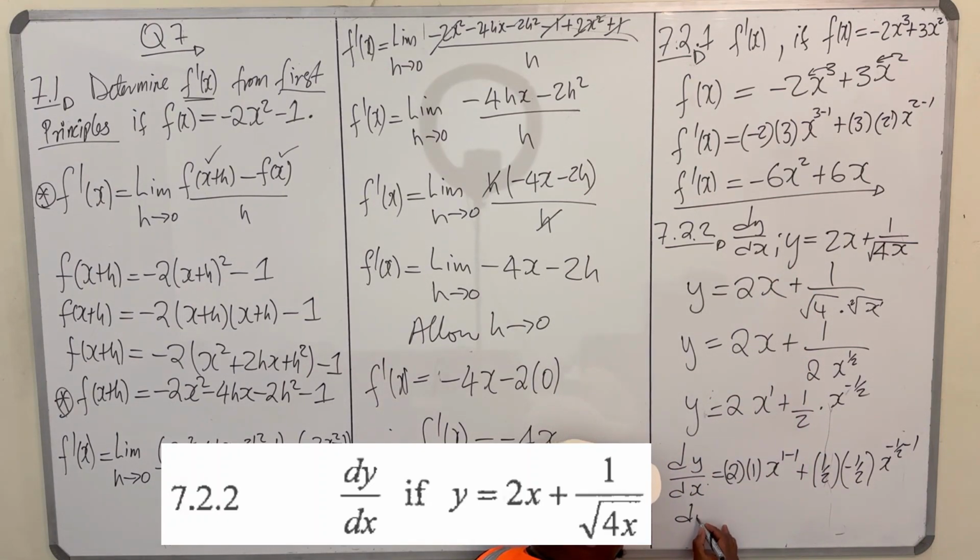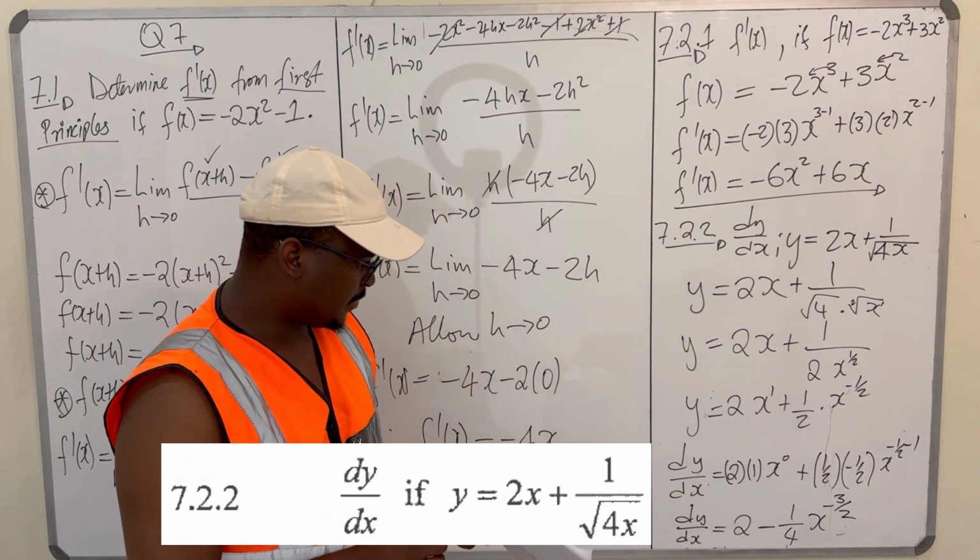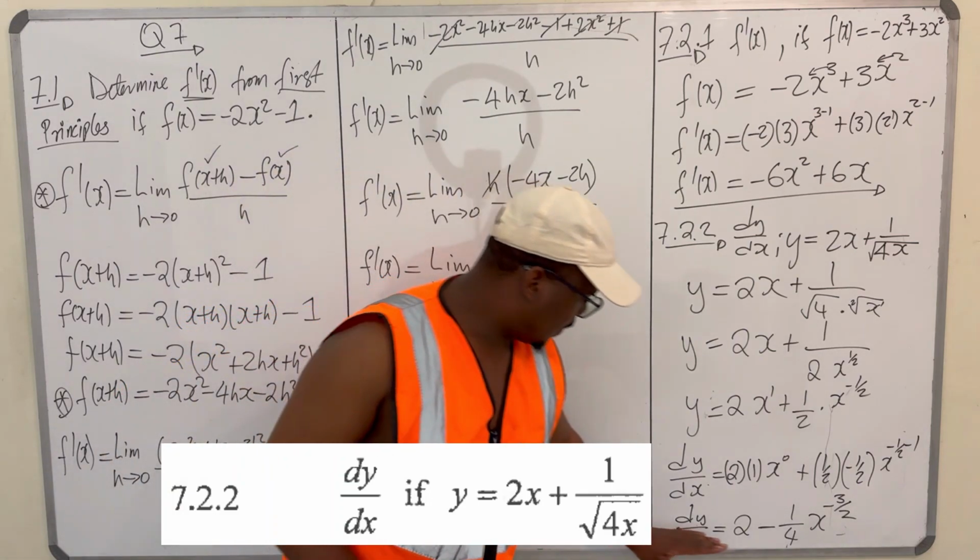So the derivative of y with respect to x is equal to 2, because x to the 0 is 1, so this will be 1, minus 1 over 4, x raised to negative 3 over 2. So that is your final answer. It should look something like this.